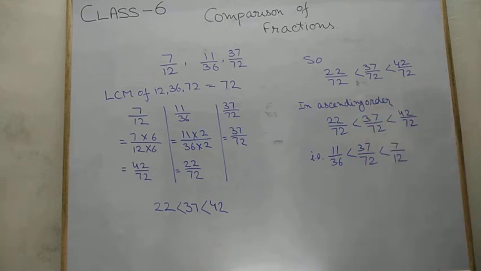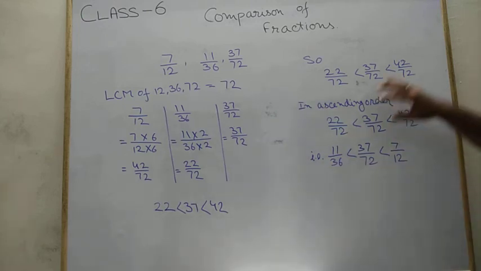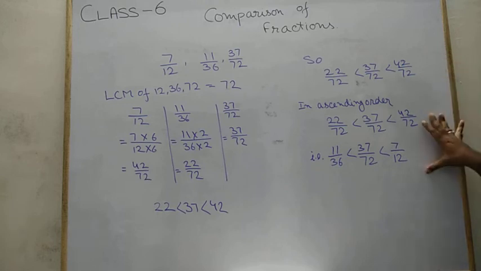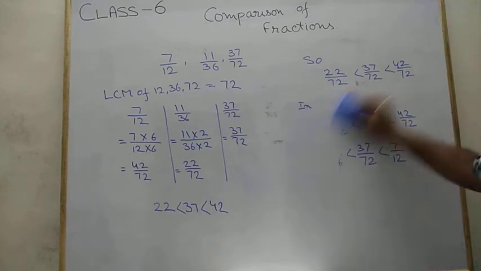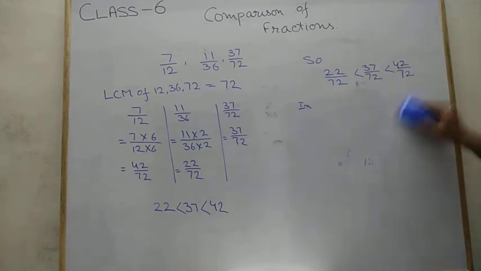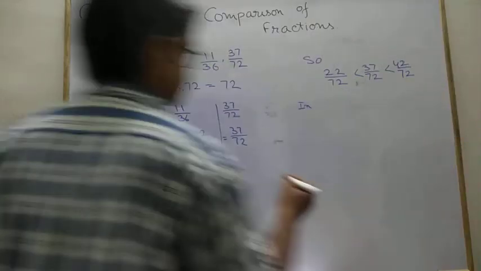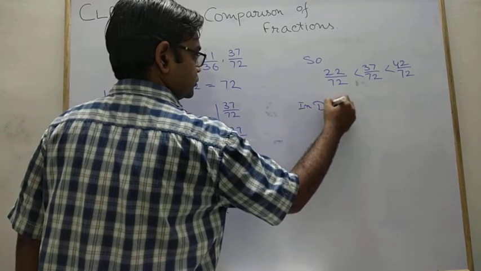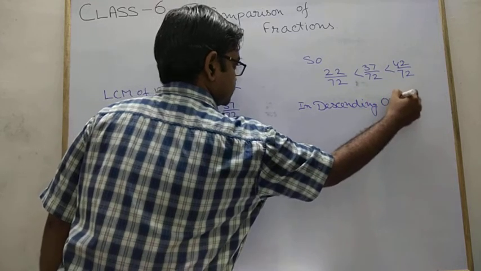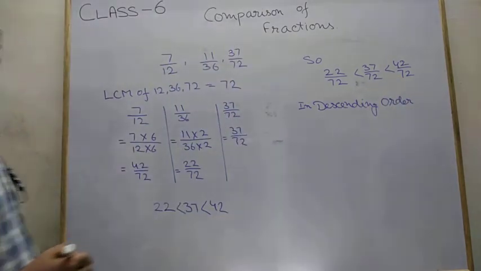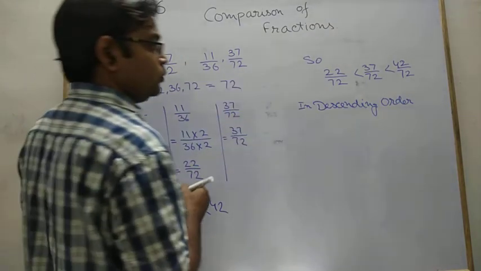Now if the same question is asked in descending order, arrange them in descending order, then we solve up to this point and then arrange this part in descending order. Let's start. Descending order means higher to lower.